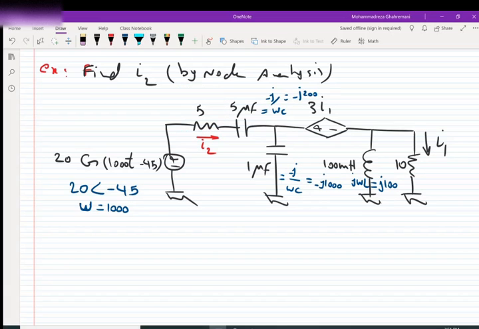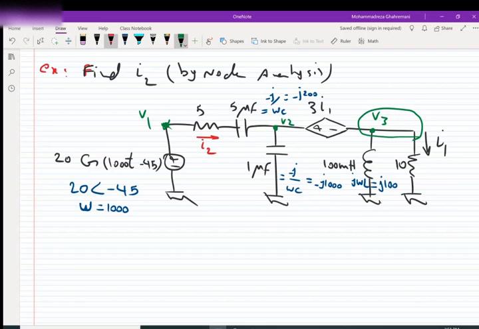Now that we got to this point, we need to identify the nodes. The first node is here, which is V1. The second node here is V2, and the third node is here, which is V3. All this part is considered a single node.